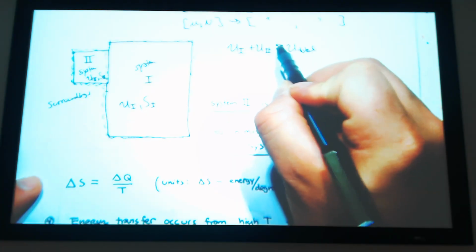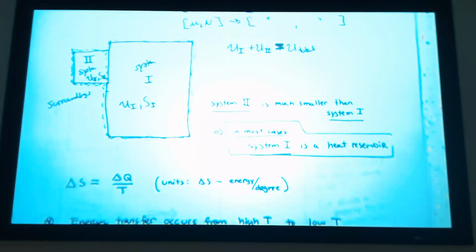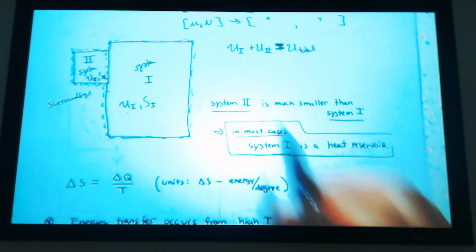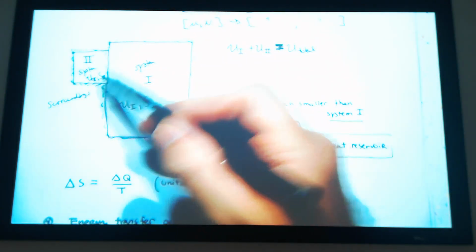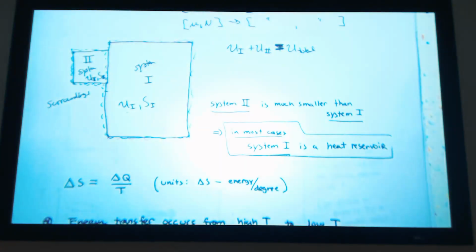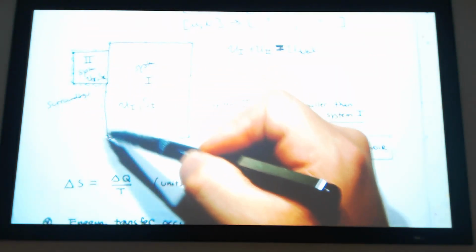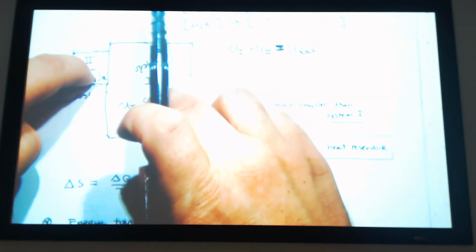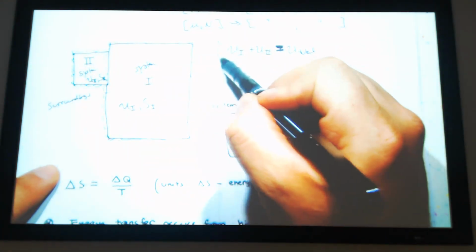Someone said no. Can I add the internal energy of this to the internal energy of this to say the internal energy of both? If I draw a boundary, I have an internal energy of both. This works.